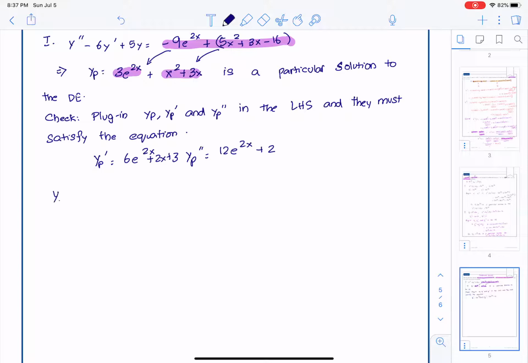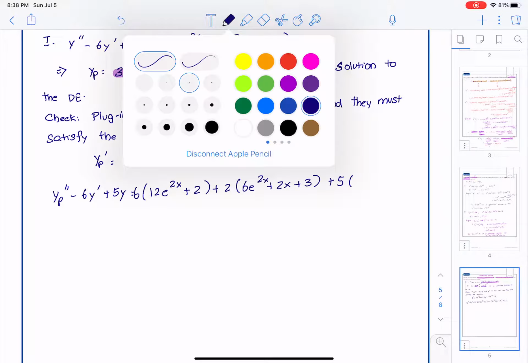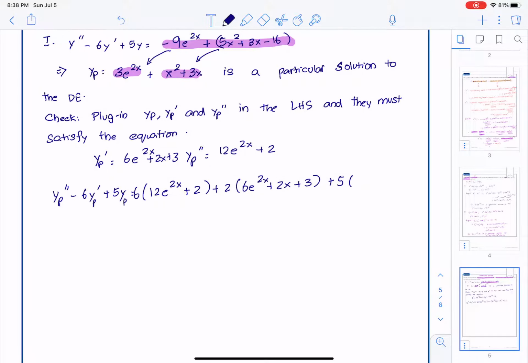Plug those in. Yp double prime minus 6yp prime plus 5y equals 12e raised to x plus 2, minus 6 times 6e raised to x plus 2x plus 3, plus 5 times my particular solution, yp, three e raised to x plus x squared plus 3x.